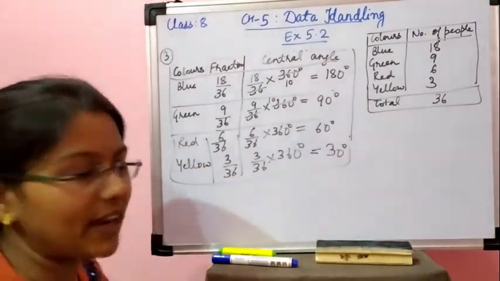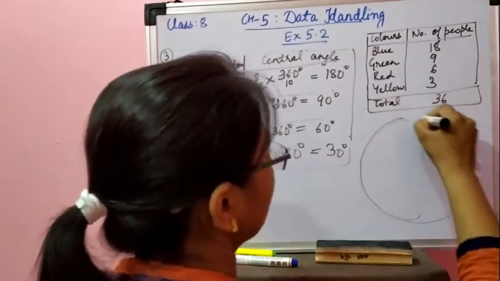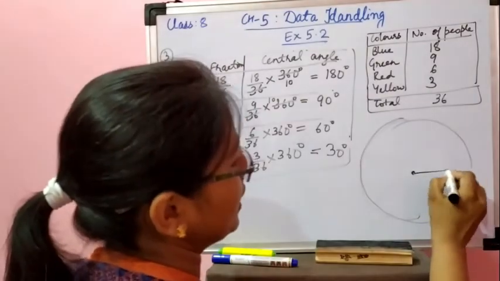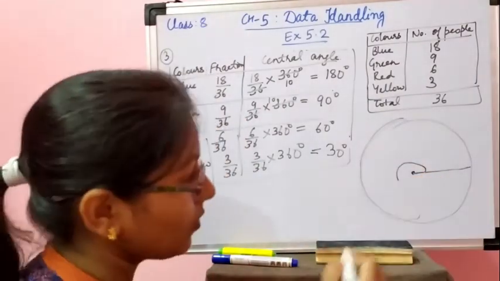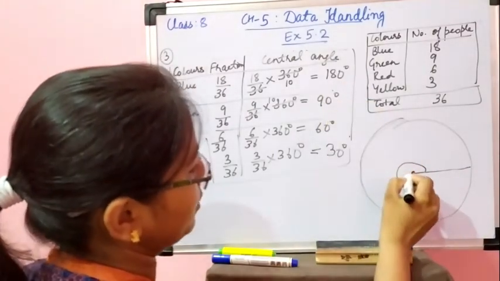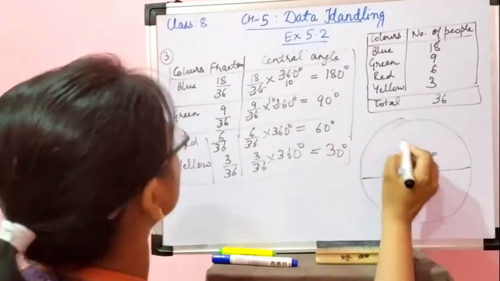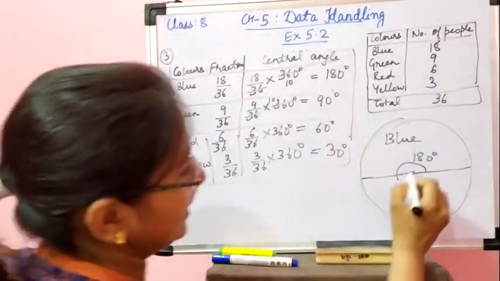Now we can draw the pie chart very easily. Draw the circle first by using a compass. Take its center. From the center make one initial line. Now on this initial line you can keep the protractor. You have to measure 180 degrees, meaning a complete half of this. This is 180 degrees, which is for color blue. Now green, 90 degrees.